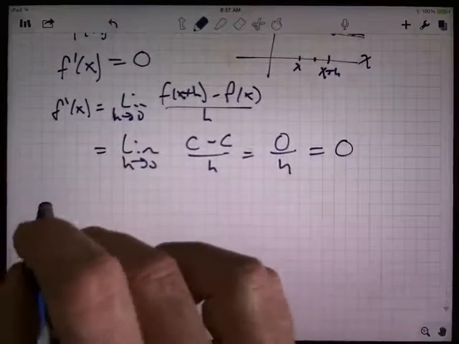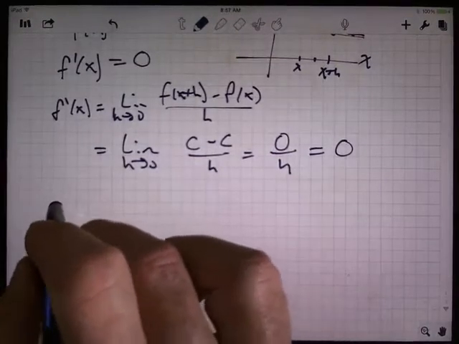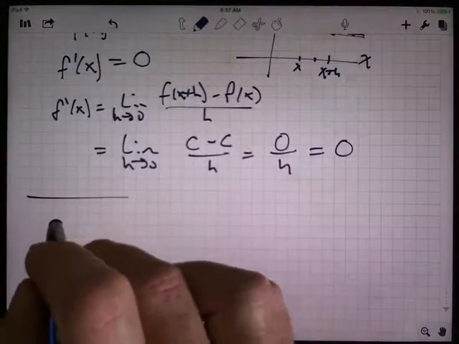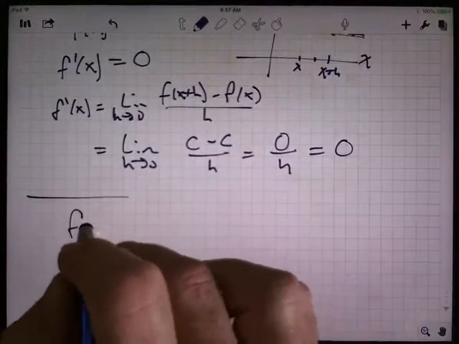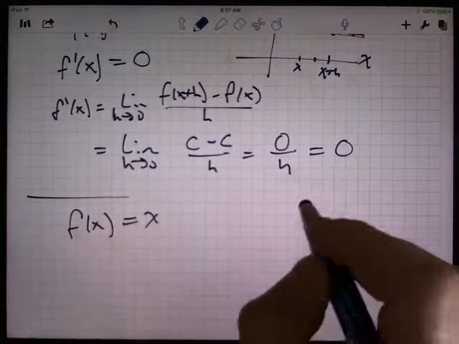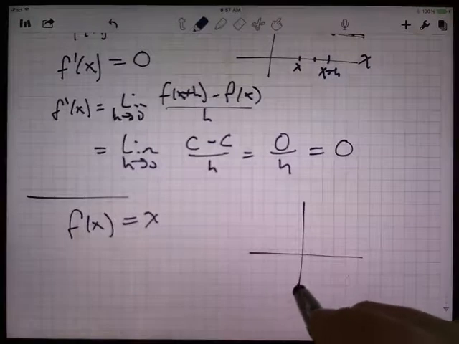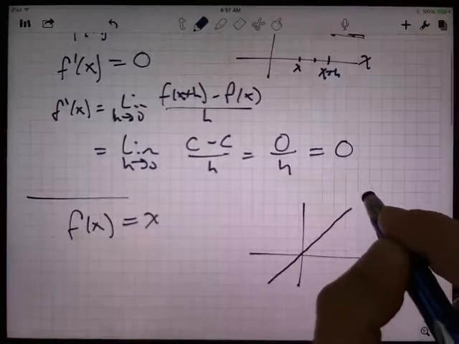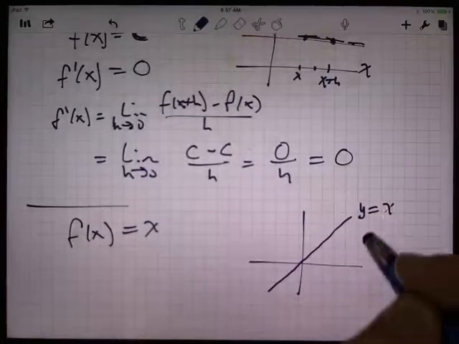Another one that I think is fairly intuitive, let's do this one. What if we just have f of x equals x? You have an idea of what that looks like? That's just the graph of y equals x.